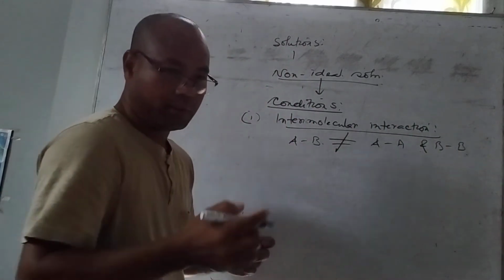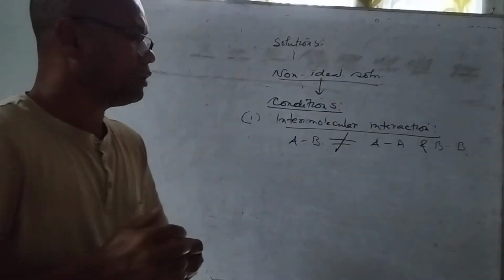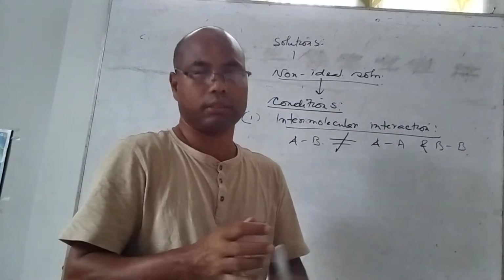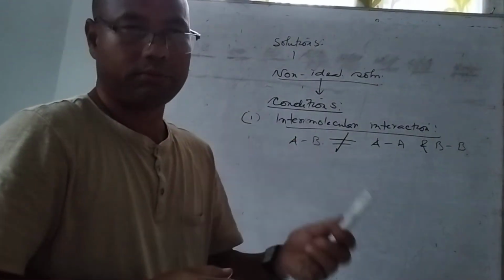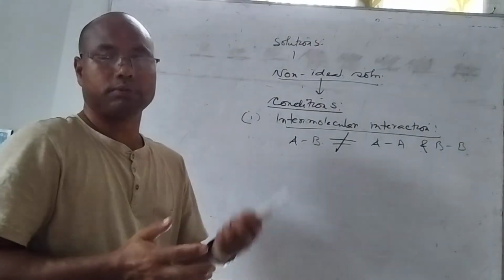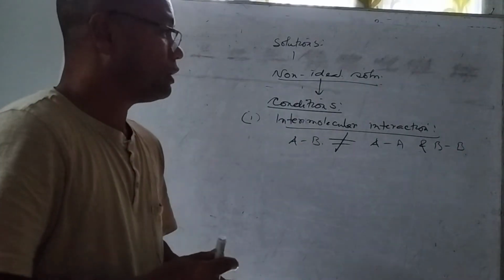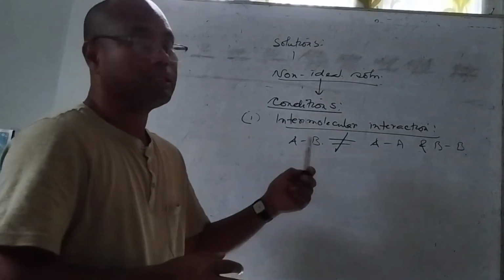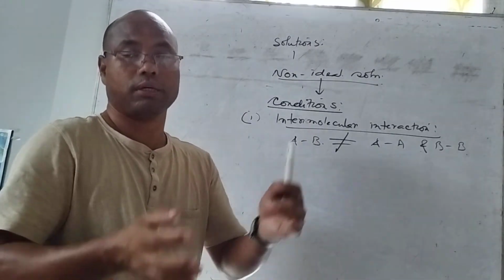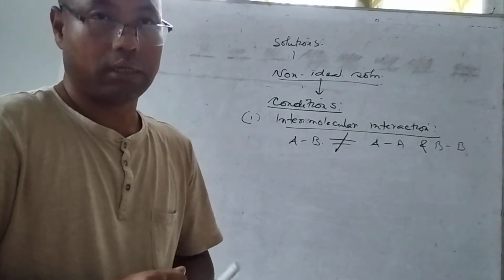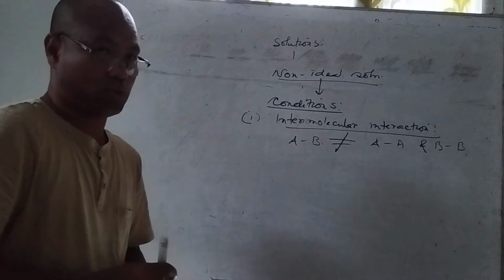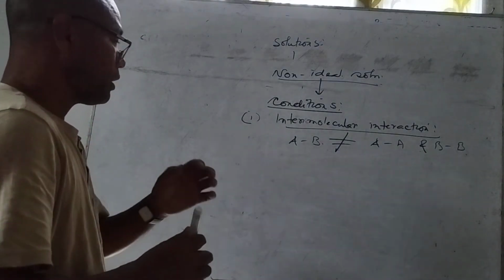I'll repeat it again. The intermolecular interaction of the components in the solution is different from the intermolecular interaction of the components in the pure state. That's for the non-ideal solution. Right. Okay.